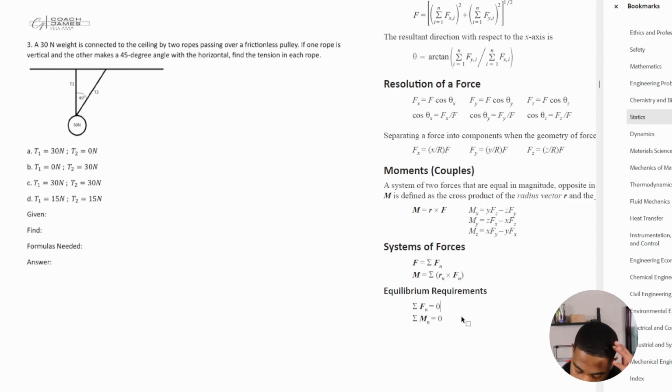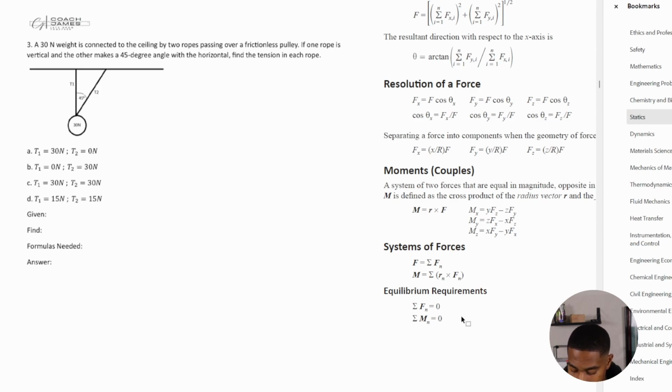Number 3. So a 30 Newton weight is connected to the ceiling by 2 ropes. Keep in mind, 2 ropes passing over a frictionless pulley. So you're not worried about the friction force in the pulley, right?